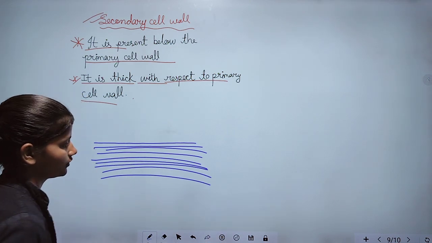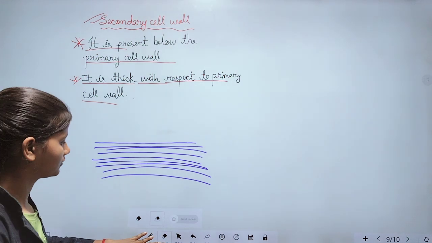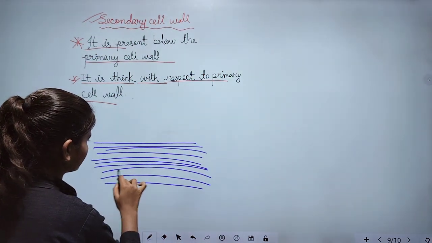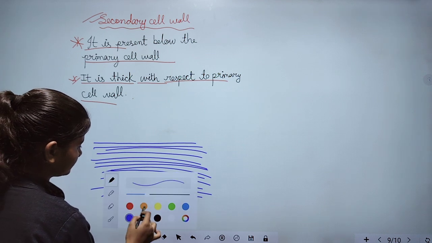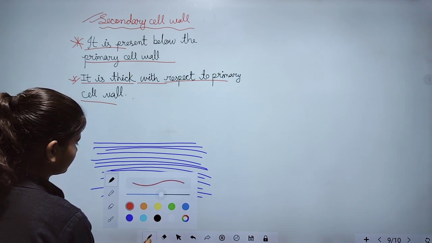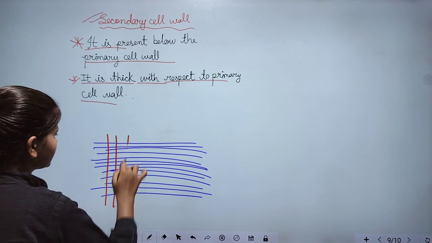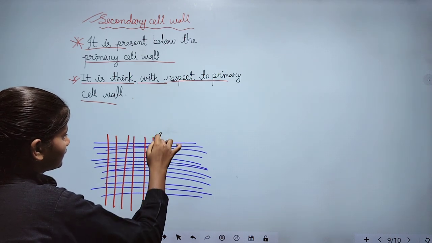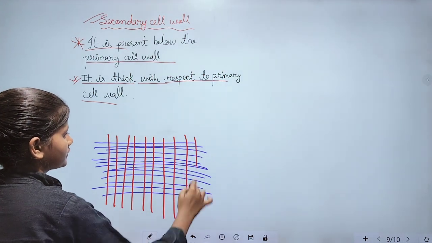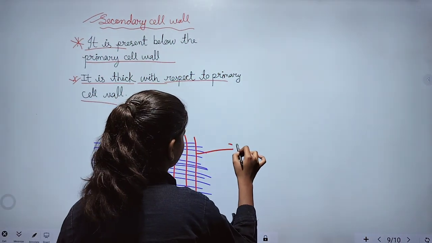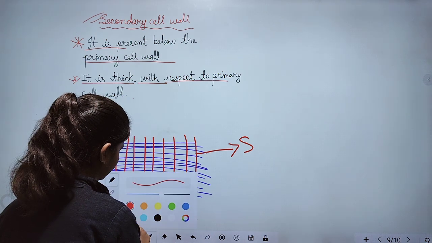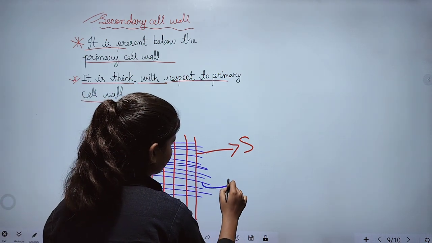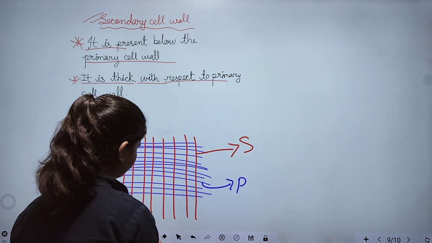This one is cellulosic microfibril, and this one is secondary cell wall. This one is secondary cell wall, and this one is primary cell wall.